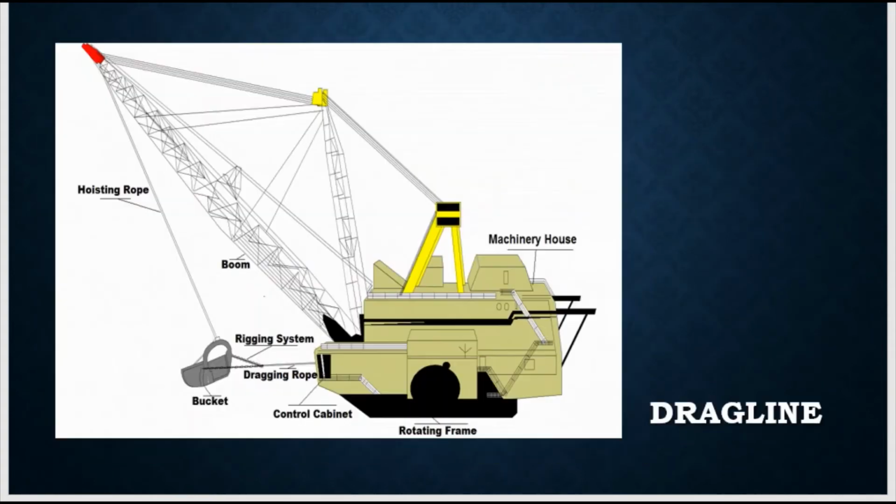Next is the dragline. Here is the bucket. We have the hoisting rope. The boom is also adjustable and can be lowered, and with the hoist, the bucket can be lowered and then raised.